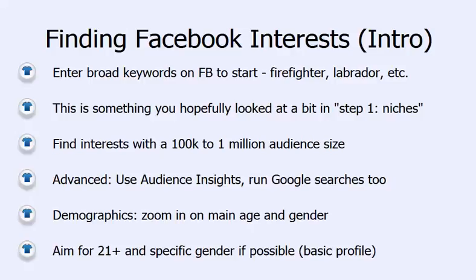You'll put firefighter in and it'll suggest firefighter magazine and fire department New York and all these different useful things. They've even got some really cool advanced stuff, like the average income of the people, if the audience is big enough, the composition of the household, the percentage that are married, all kinds of really insightful things. And it's good because it gives you a picture of what your audience is.